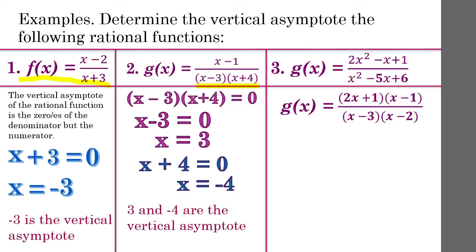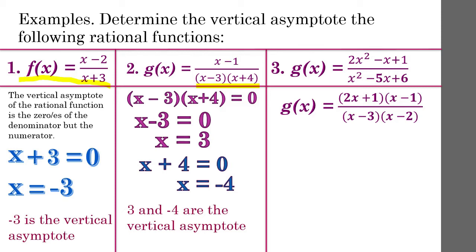So for the denominator, the factors of x squared, we have x times x or x and x, and factors of 6 whose sum is negative 5 are negative 3 and negative 2.